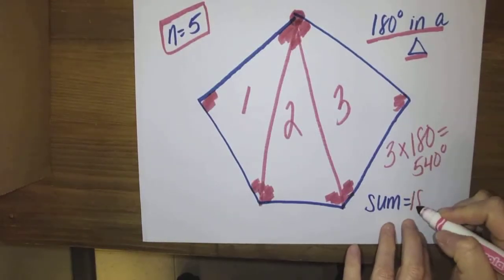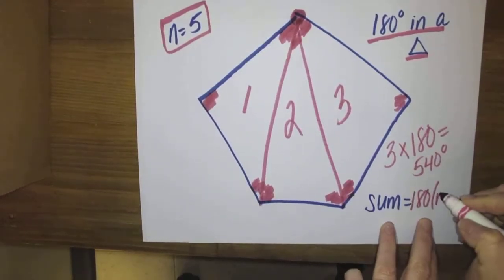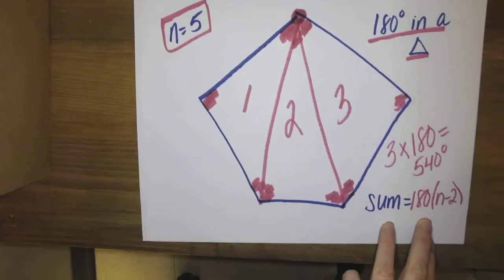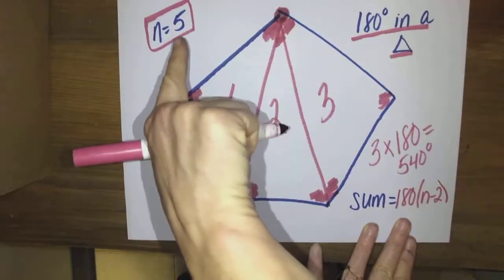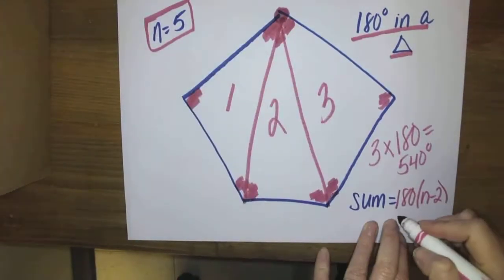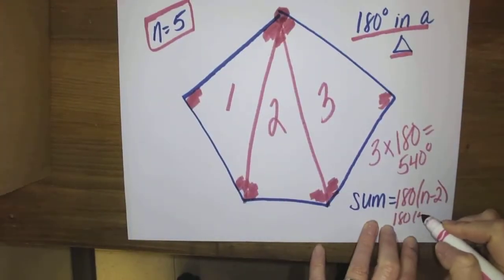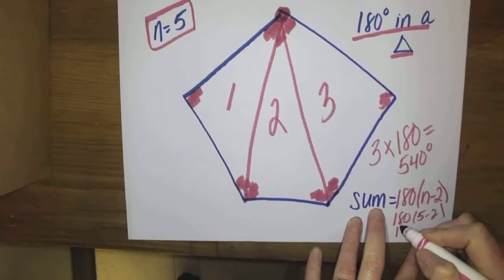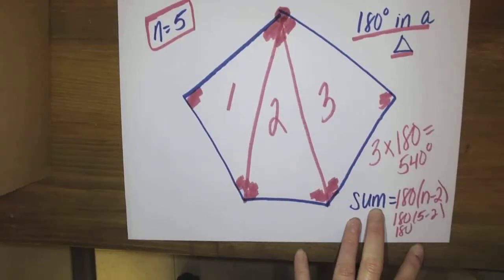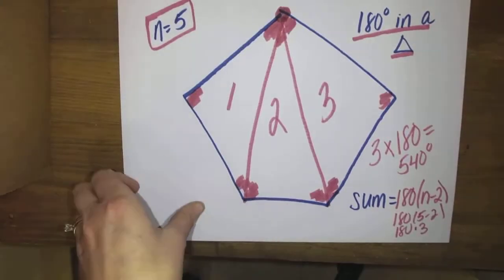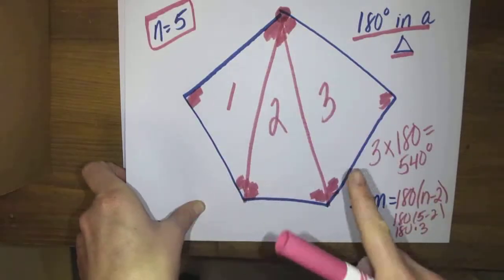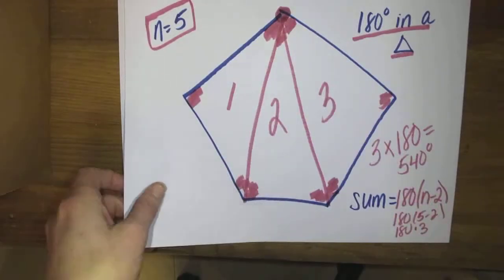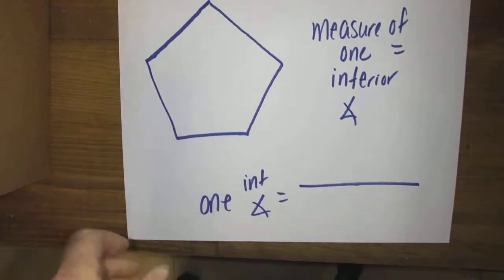Formula is 180 times n minus 2, where n stands for the number of sides. So if this is a pentagon, n is 5, so it's 180 times 5 minus 2, which is essentially what we did here anyways. 180 times 3 for the 540. So 180 times n minus 2 gives you the sum of the angles in any convex polygon.